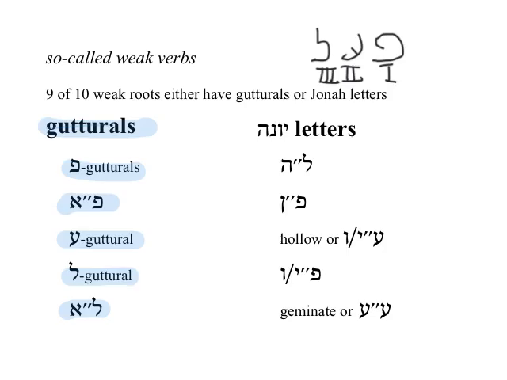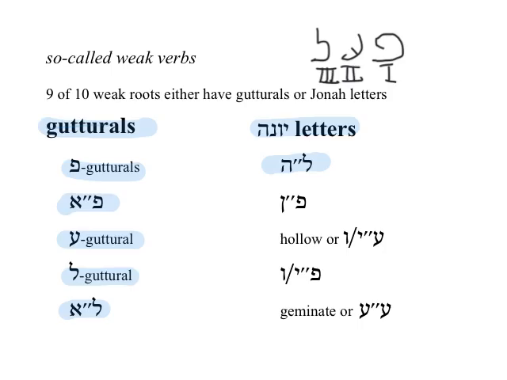And then there's words with Jonah letters. Now, the Jonah letters are letters that make up the ancient prophet's name, Yonah: Yod, Vav, Nun, He. And when these letters occur, they tend to disappear in certain circumstances.